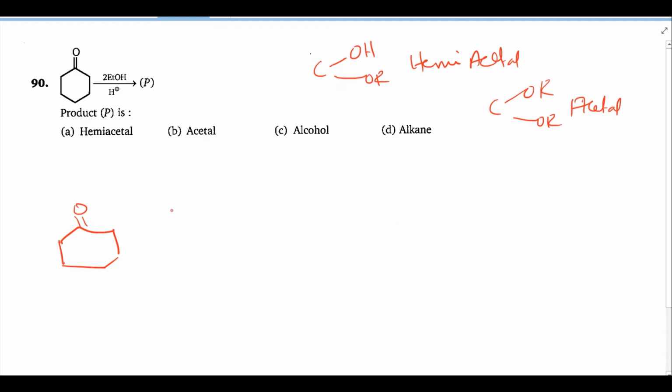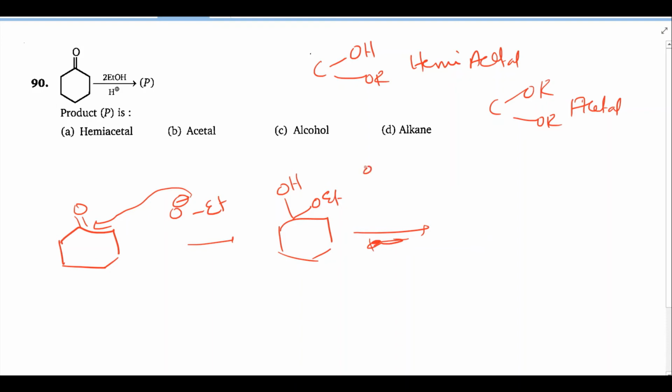Cyclopentanone, ETO minus is attacking here, so then it is OH here, OET. Again you have to add ETOH, because it is in what medium? Acidic medium. Again, what is the part eliminating? Water is going to eliminate.